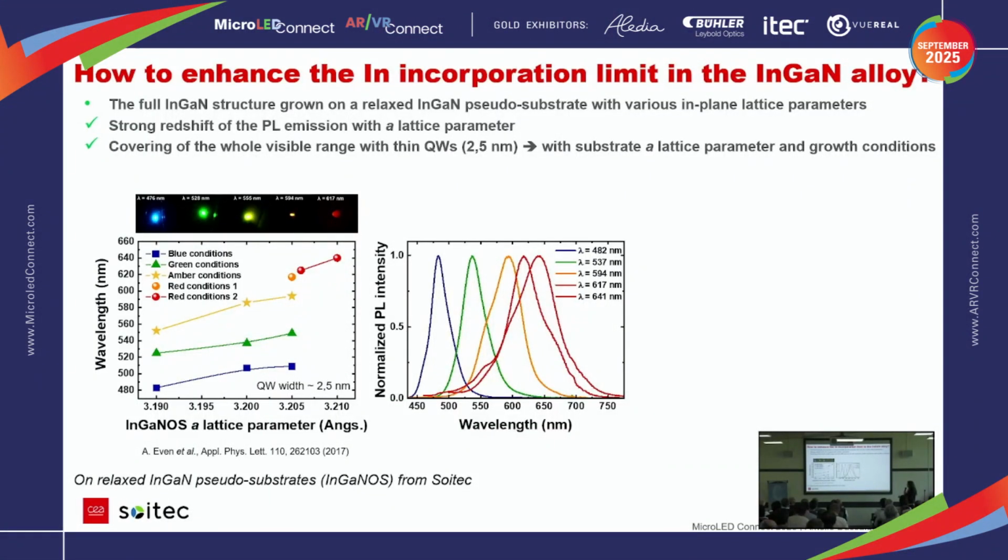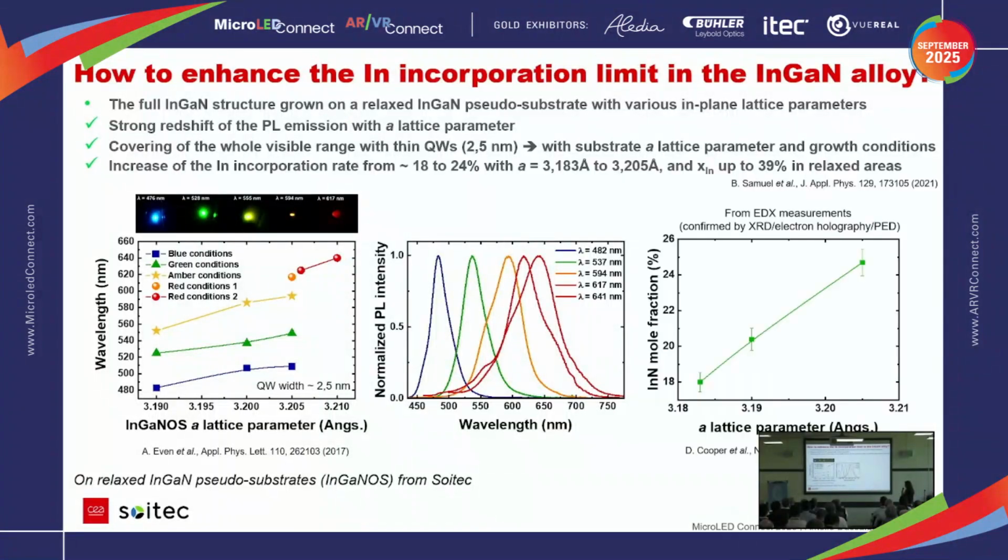You can see that each time we have a redshift of the emission wavelength when we increase the in-plane lattice parameter of the substrate. With this, we were able to cover the whole visible range by keeping thin quantum wells around 2.5 nanometers, by playing on the in-plane lattice parameter of the substrate and on the growth conditions of the quantum wells.